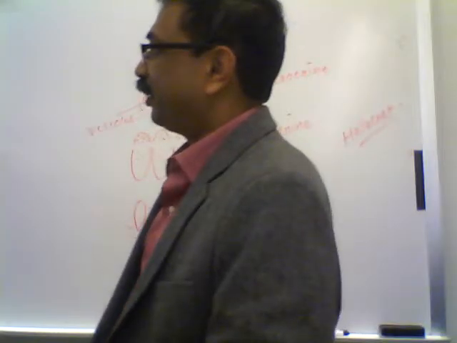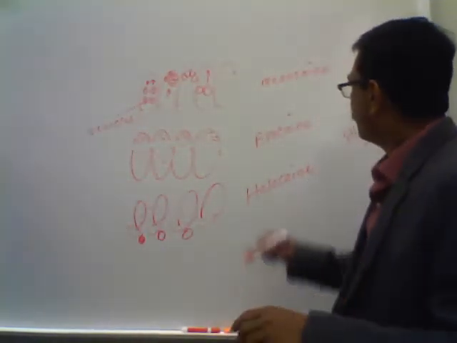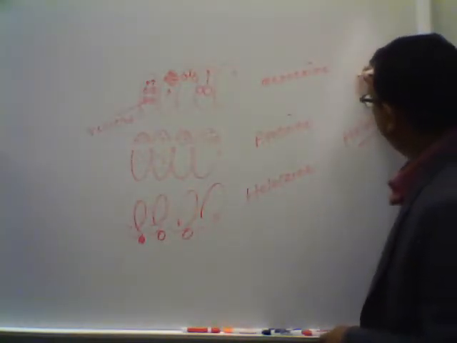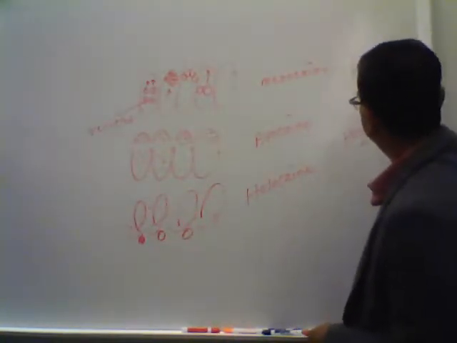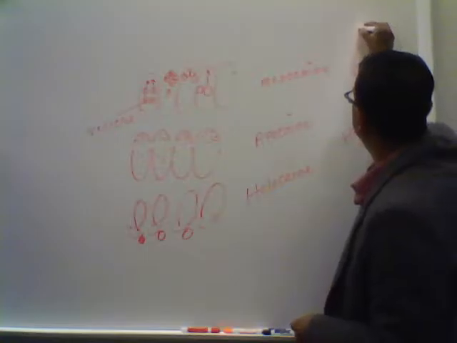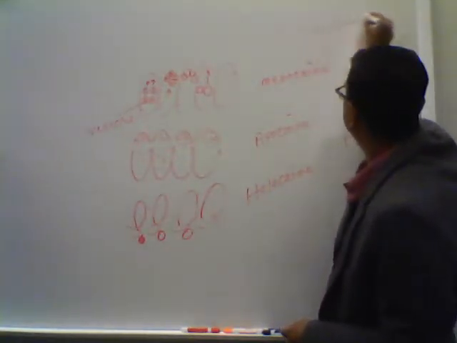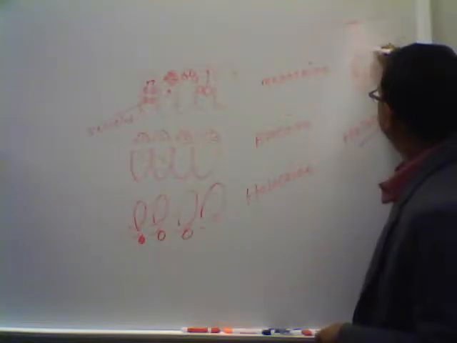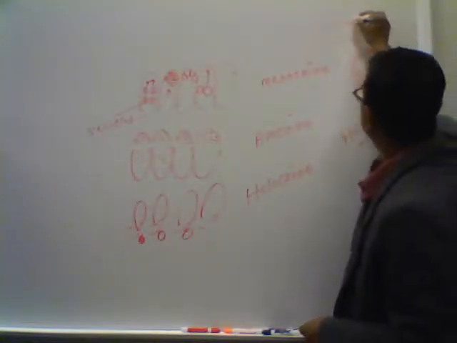Ducts connect to the pore. If you see the eccrine sweat gland, it is a coiled tube-like structure. This is the gland, and from the gland a duct tube goes out. This is the skin surface, and this is the pore. So this is gland, this is duct, and this is pore.